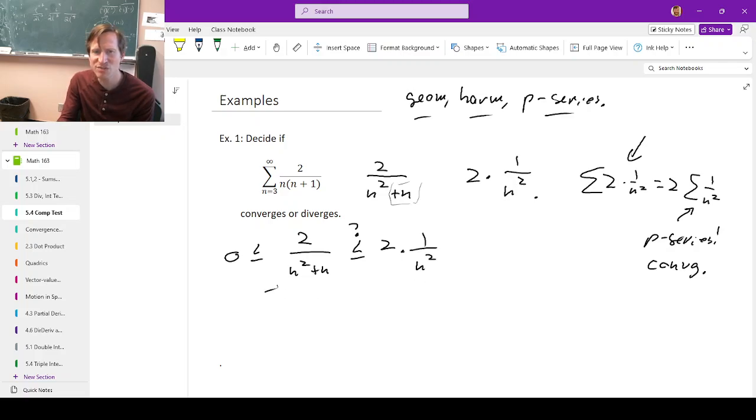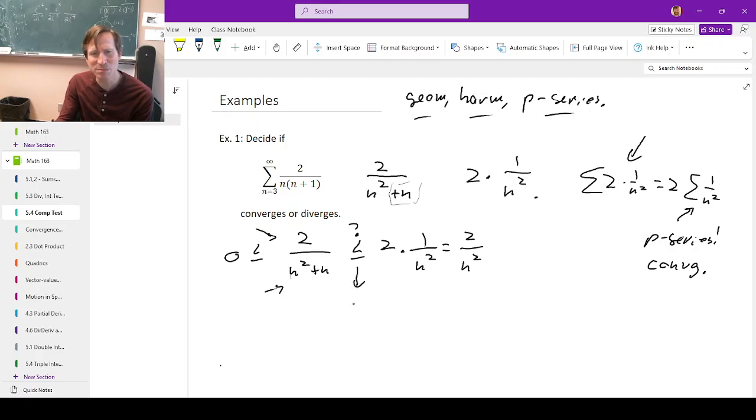So these terms are definitely bigger than 0 because they're all positive. But why is it that our terms, 2 over n squared plus n, why is it that that's less than or equal to 2 times 1 over n squared? 2 times 1 over n squared is 2 over n squared. So why is it that 2 over n squared plus n is less than 2 over n squared?